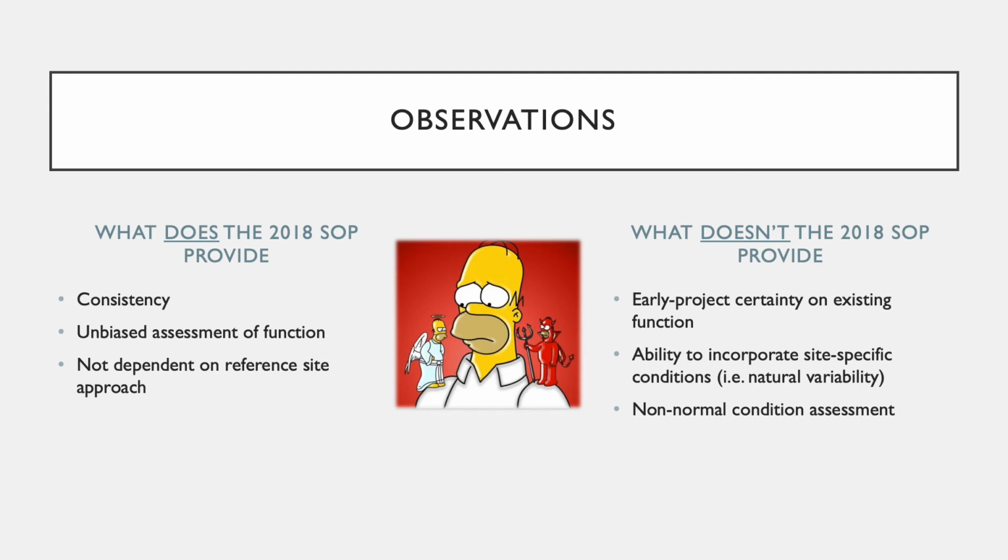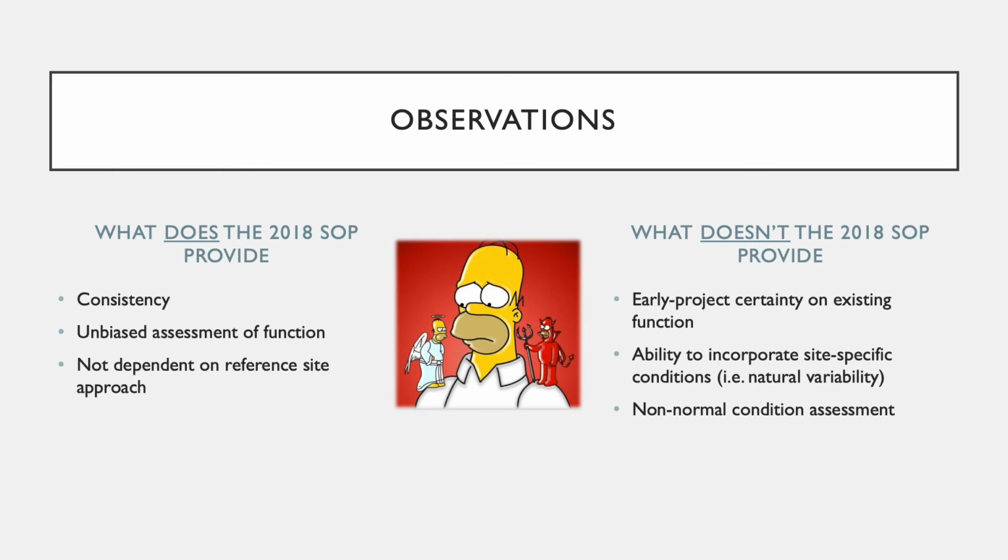It's also not dependent on a reference site approach, which is what a lot of previous mitigation banks relied upon to evaluate wetland hydrology. We just demonstrated that there's tremendous variability at a single well on a single site. And so trying to compare even between nearby reference sites and an evaluation site can be problematic, and is problematic.